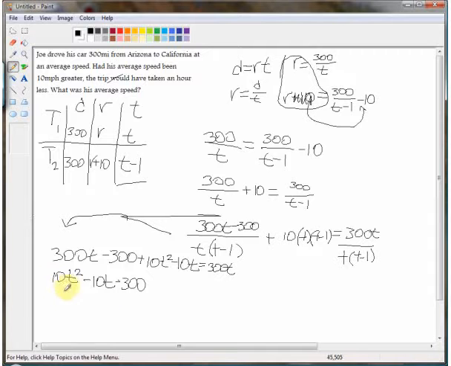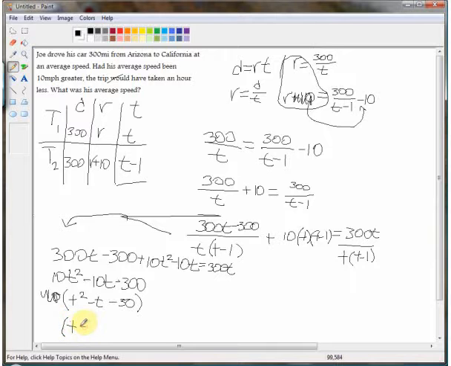So what's a common factor here? Well, I can tell you 10 is definitely one of them. So if we factor 10 out of all of this stuff, we come up with t squared minus t minus 30. So all we have to do now is just split this into two t's.